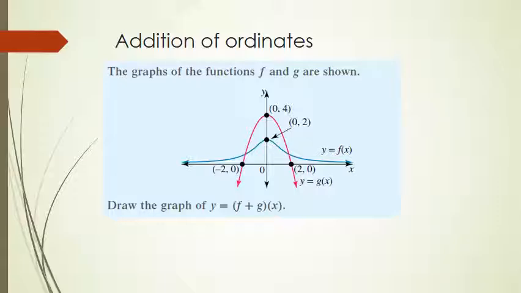Maybe I should use a different color. Let's try this color. So whenever there's 0, when you add it, obviously you get whatever the other number is. And then 4 plus 2 gives you a 6. That's there. Again, right by the line.